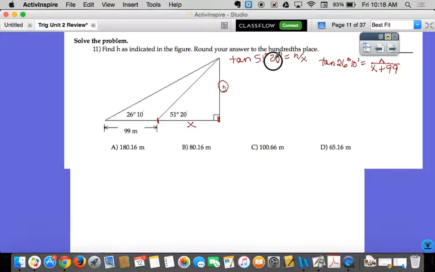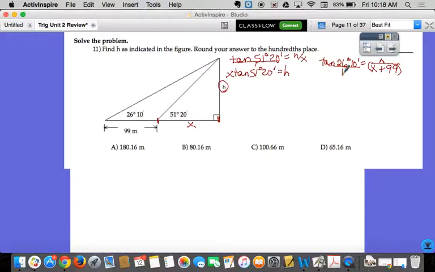So if you cross multiply, stick all that over 1, or just say multiply both sides by x. That's going to be x tangent 51 degrees, 20 minutes equals h. And now over here, we're going to have to cross multiply. Now I'm going to skip a step, because when I cross multiply, I've got to multiply this binomial times my trig function. I'm going to distribute while I do it.